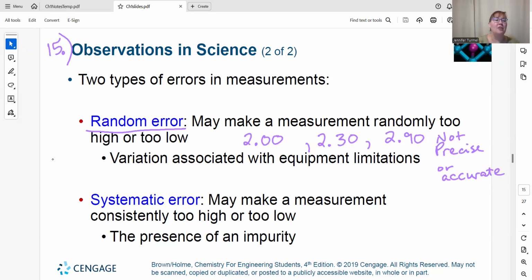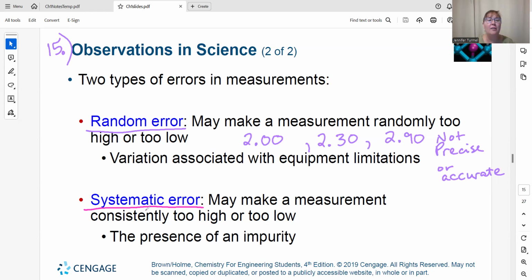Our second option here is a systematic error. A systematic error makes measurements that are consistently too high or too low. They talk about the presence of an impurity, but in my engineering experience, I've also seen this due to an equipment issue. It can be an equipment issue, it can be an impurity, but this is usually pretty easy to fix.